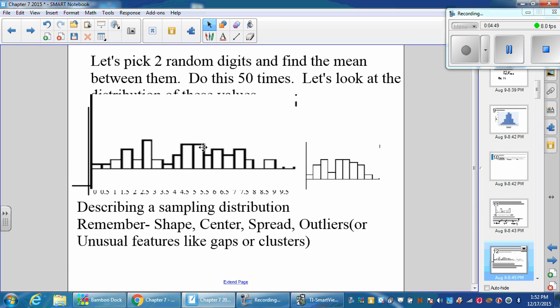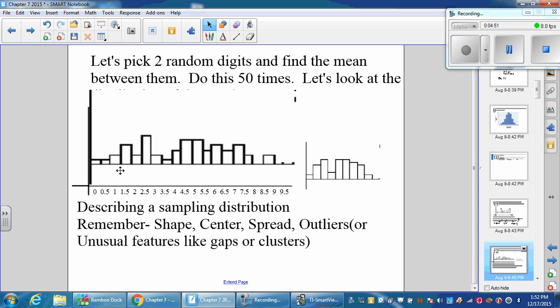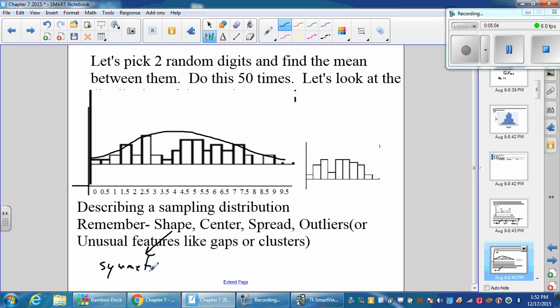So it looks something like this. So now hopefully you see that it's not as uniform and it kind of goes up and down again. If I want to describe the shape, I would say it's somewhat symmetric. The center is still around 4.5.